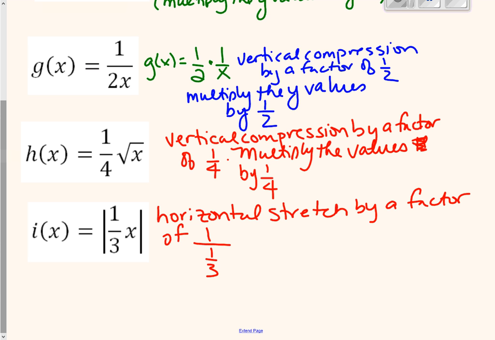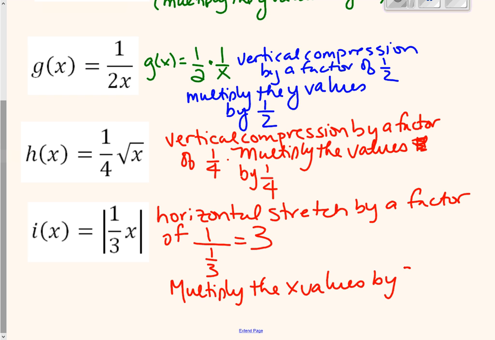Remember it's always 1 over, so 1 over 1/3, which actually equals out to 3. We are going to end up multiplying the x values by 3. Because see how 1/3 is on the inside being multiplied directly to the x. We multiply it by the factor, and the factor in this case is always 1 over b, so 1 over 1/3, which equals out to 3.